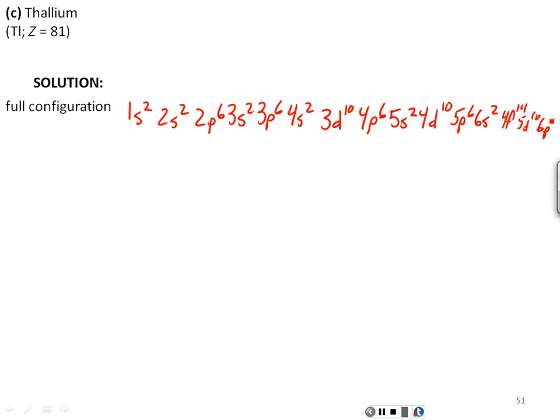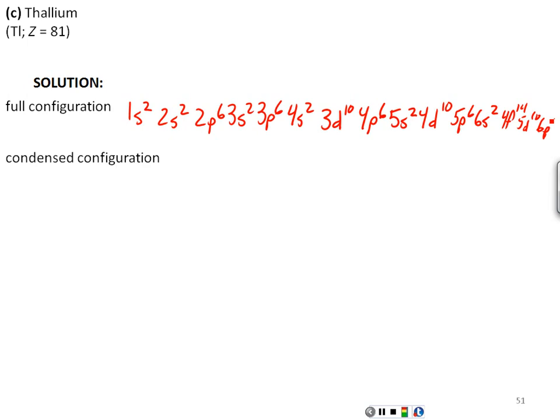Now, you may think writing something like that out is sort of overkill, but trust me, if you write enough of those out, you really get to learn the order in which the orbitals fill. It really reinforces it.